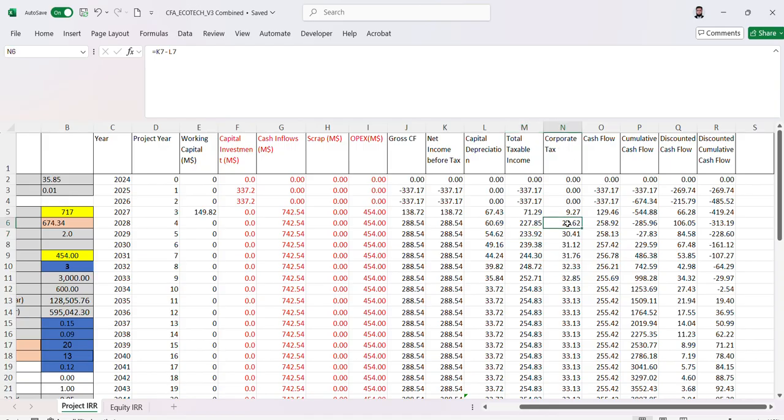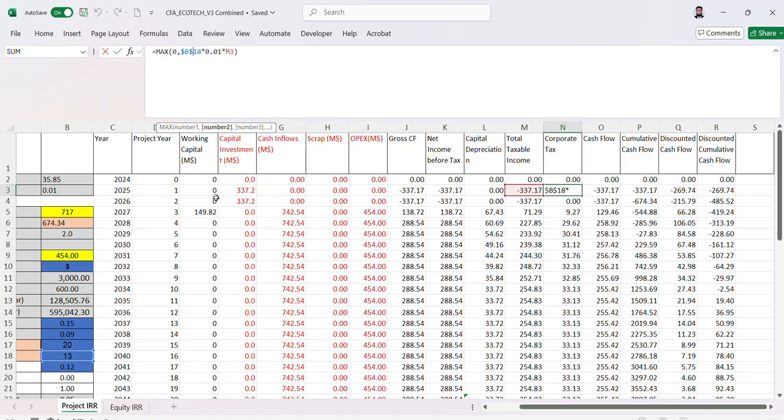Now corporate tax is another one. Corporate tax is 13%, as we assumed, as you can see in cell B18. This formula is used because we assume it should be non-negative, therefore a MAX 0 formula is used.